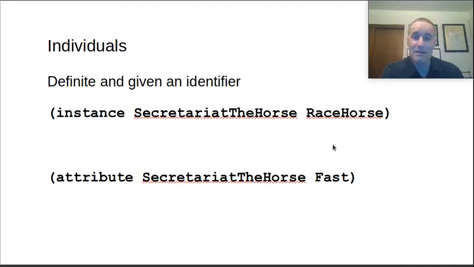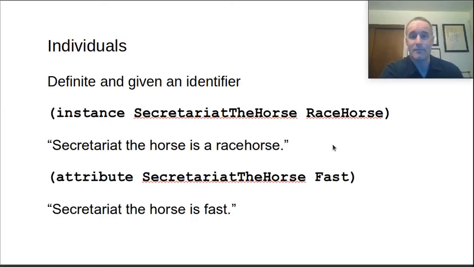And that's in some ways rather similar to what we said with the existential quantifier, except instead of saying there exists some racehorse that is fast, at least one, we're committing here and saying, well, there's precisely one that we're talking about here. That isn't to say that there are others, but Secretariat the horse, at least, this one identifier, is a racehorse, and it does have the attribute of being fast. Okay, so we wind up with two simple logical paraphrases. Secretariat the horse is a racehorse, and Secretariat the horse is fast.